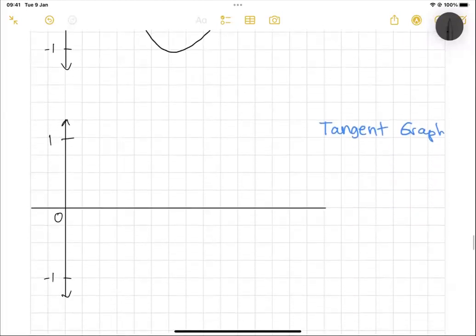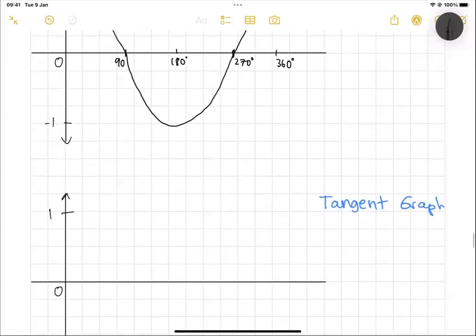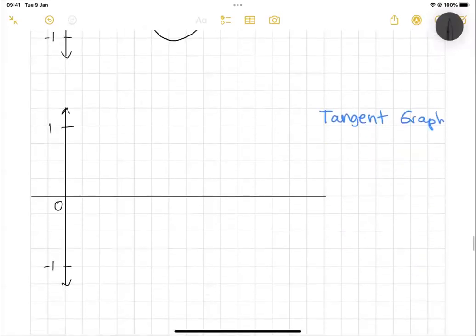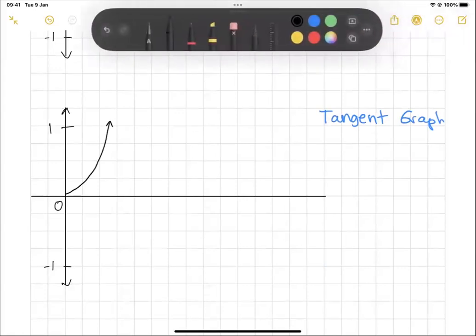Lucky last, the tangent graph, or the tan graph. The tan graph looks a little bit different from the sine and the cosine. So the tangent graph will look something like this. It will have an asymptote at 90 degrees.